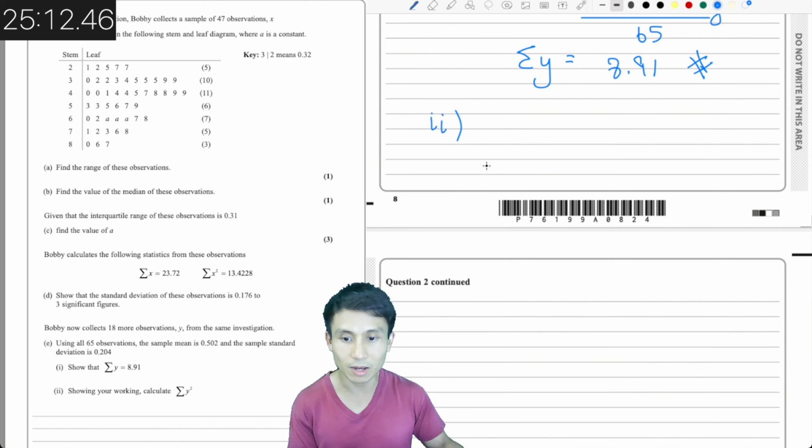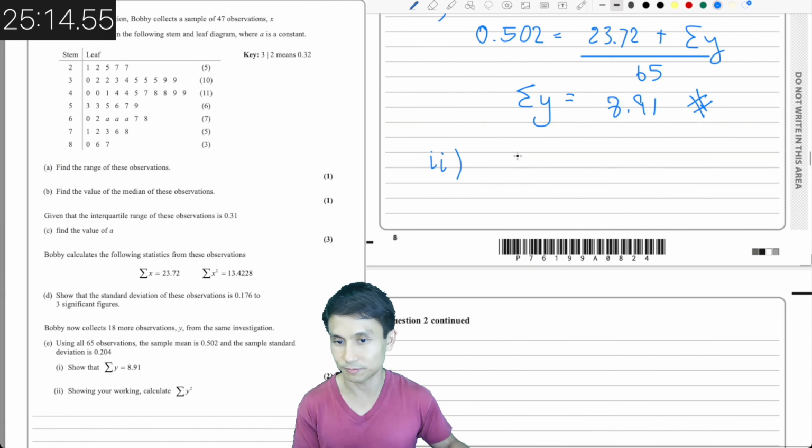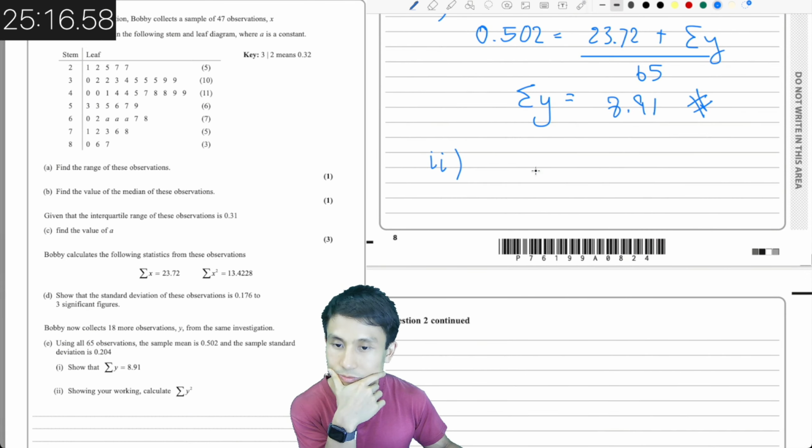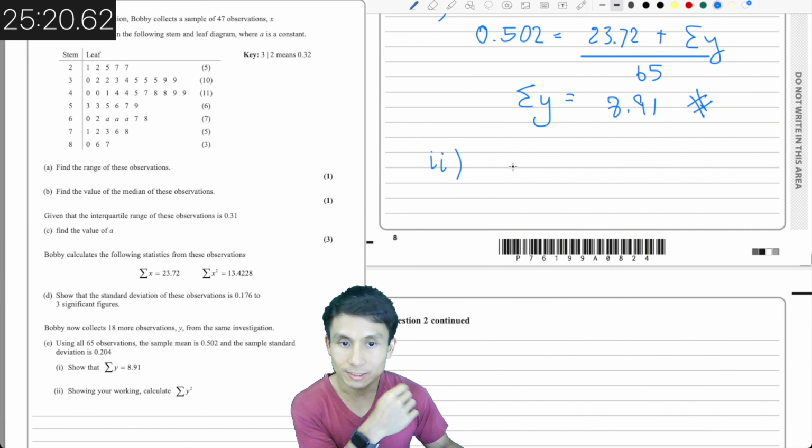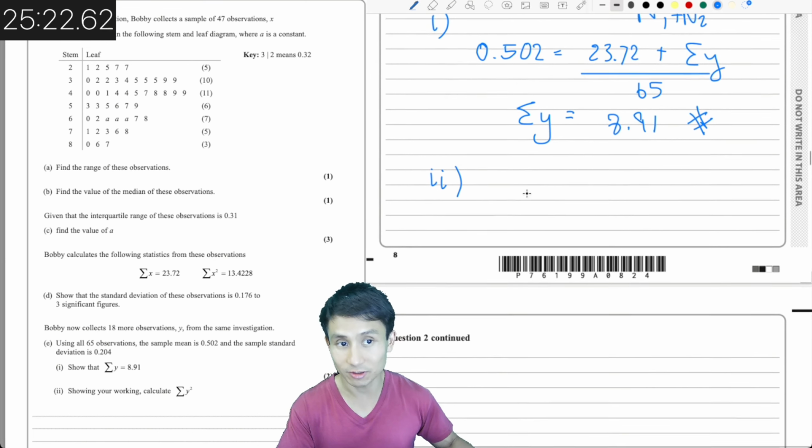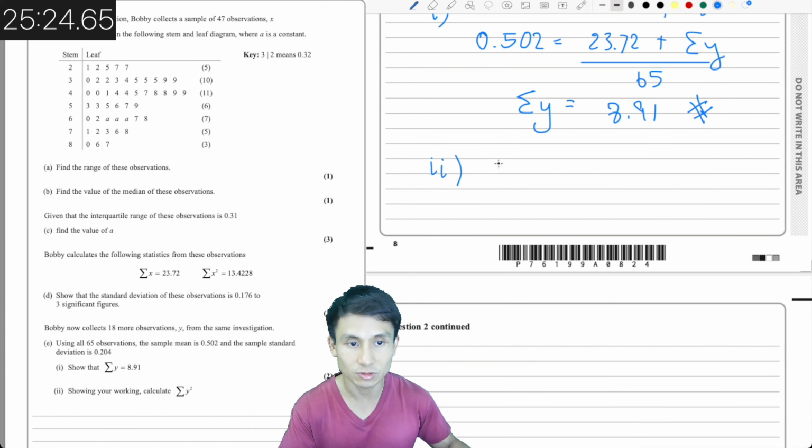Showing your working, calculate sigma y squared. Okay, so we got the new standard deviation. The standard deviation is the square root of the sum of all squares of the data divided by n, minus the mean squared. At first we got sigma x squared. Now we have to add the extra, sigma y squared.